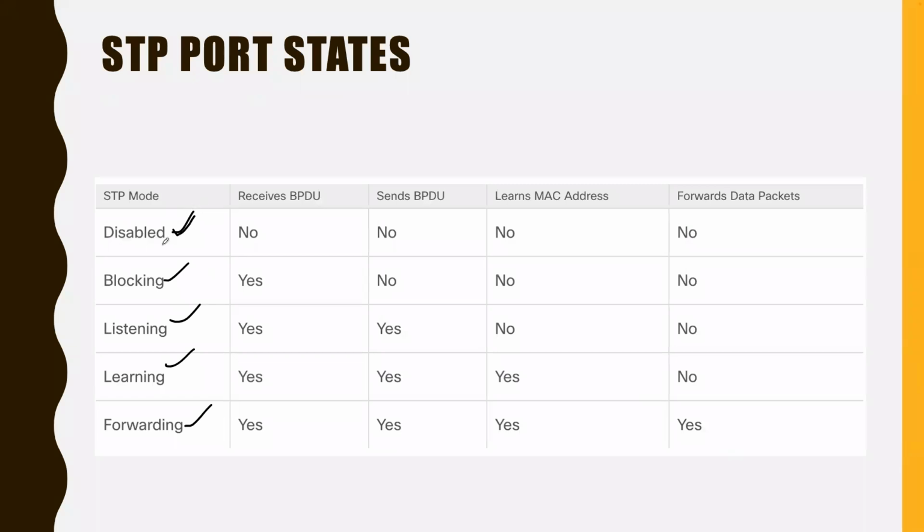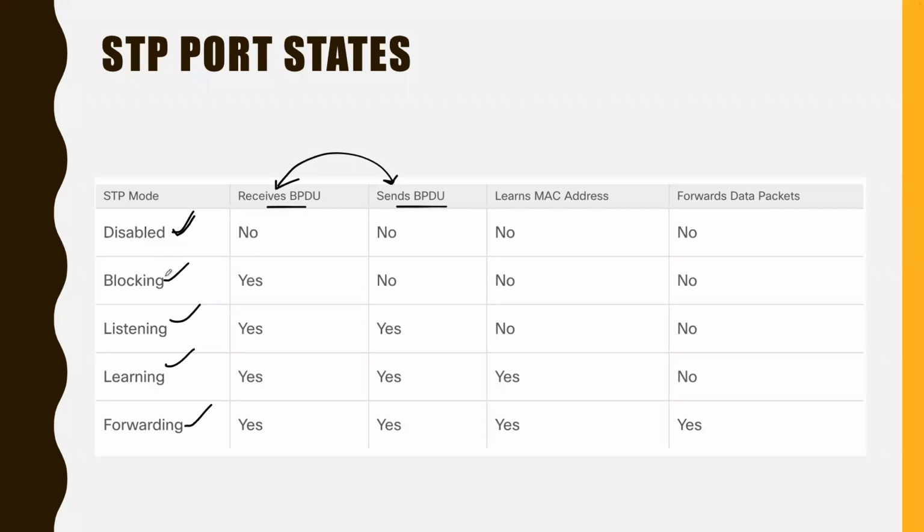In the disabled state, it cannot receive BPDUs, it cannot send BPDUs, neither can it learn MAC addresses, nor forward data packets. Do not confuse the receiving or sending of BPDUs with actual data. This is control plane traffic. When we are learning the topology, we are not sending any data packets. It is control plane packets.